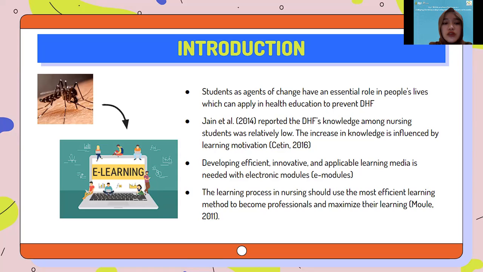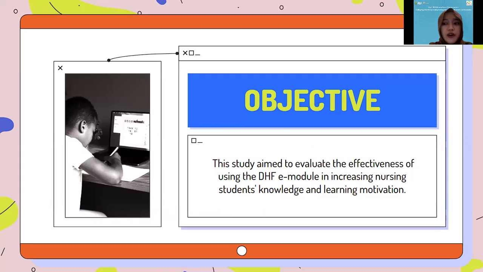According to Mole 2011, the learning process in nursing should use the most efficient learning methods to become professionals and maximize their learning. So what is the objective of the study? This study aimed to evaluate the effectiveness of using the DHF e-module in increasing nursing students' knowledge and learning motivation.